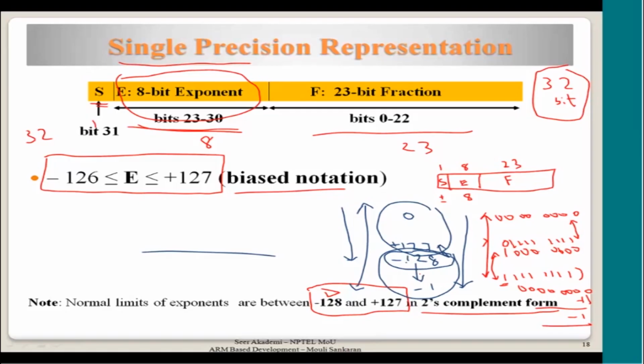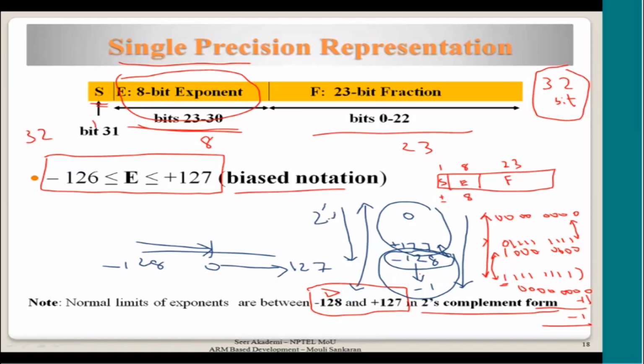If I draw 0, minus 128 and 127, 0 to 127 goes like this, and then they come from minus 128 to this. So from the big pattern, it is not increasing or decreasing in one format. That is the problem with 2's complement.